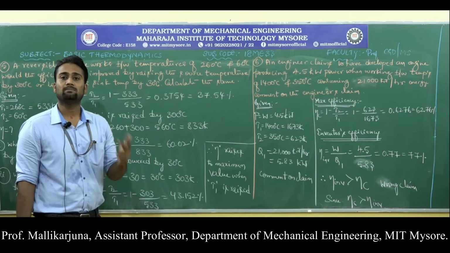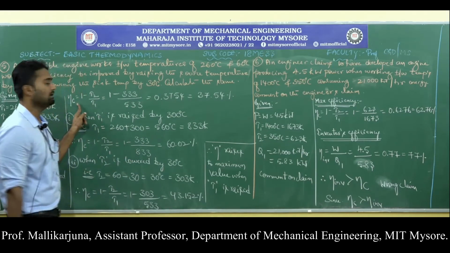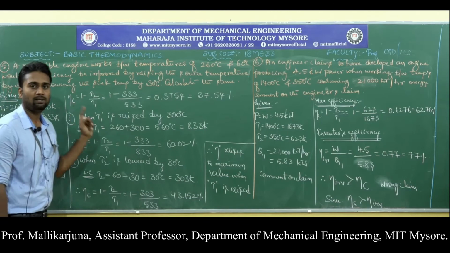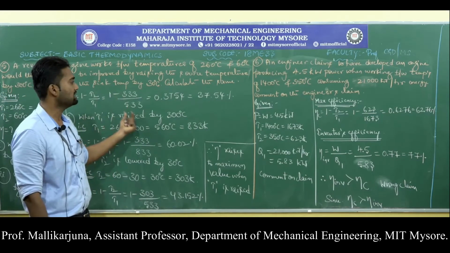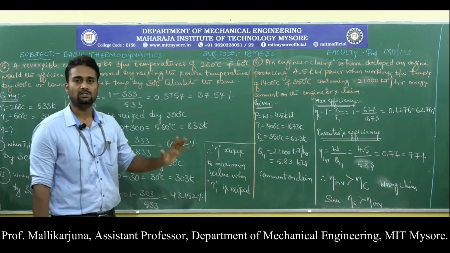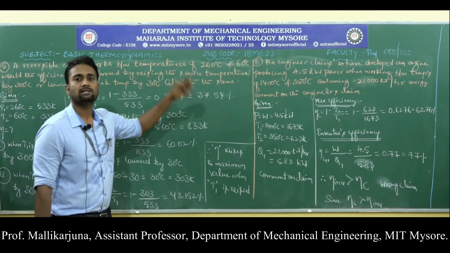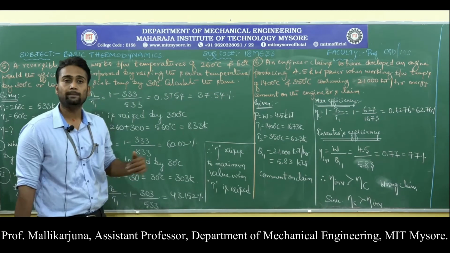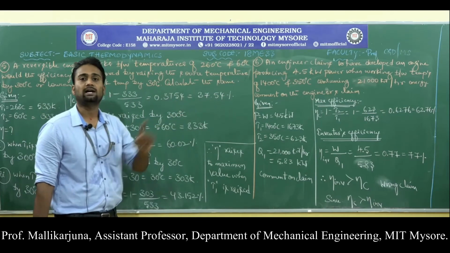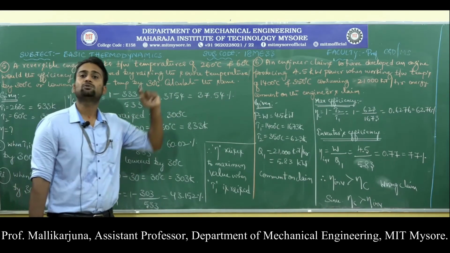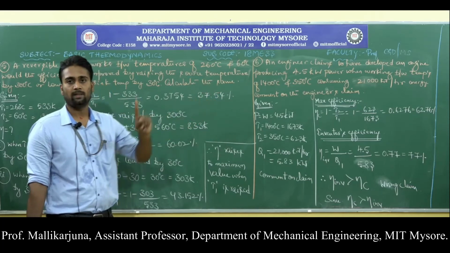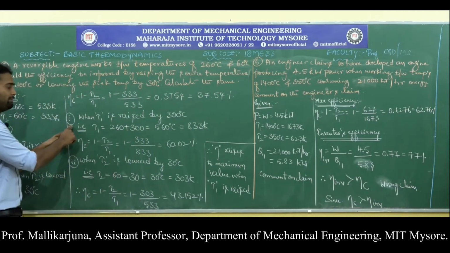This is the maximum efficiency that an engine can have, if it is operating within those temperature limits. Now, does rising the temperature cross this efficiency, or does lowering the temperature cross this efficiency? Which one leads to maximum efficiency? That is the question. Let me take case 1.